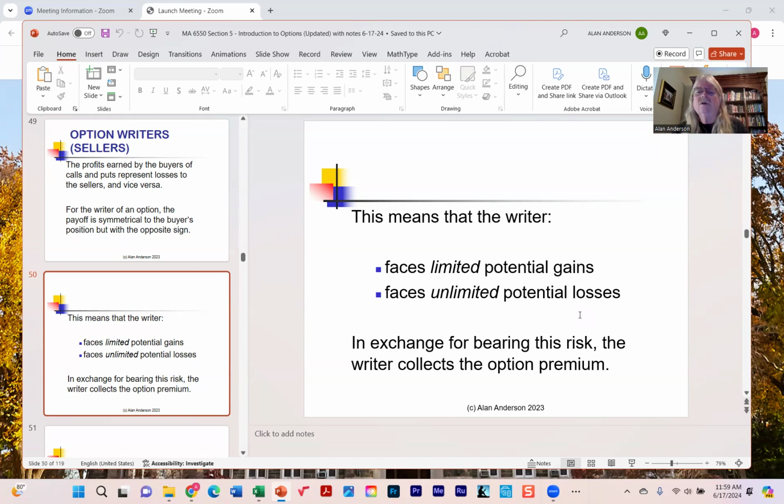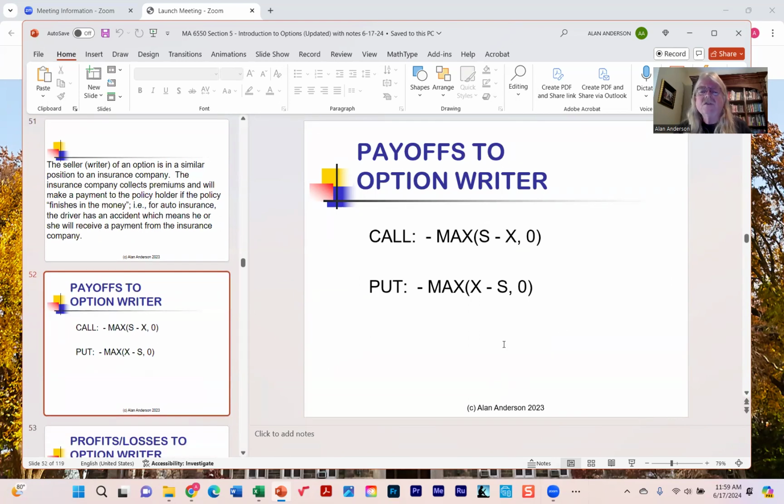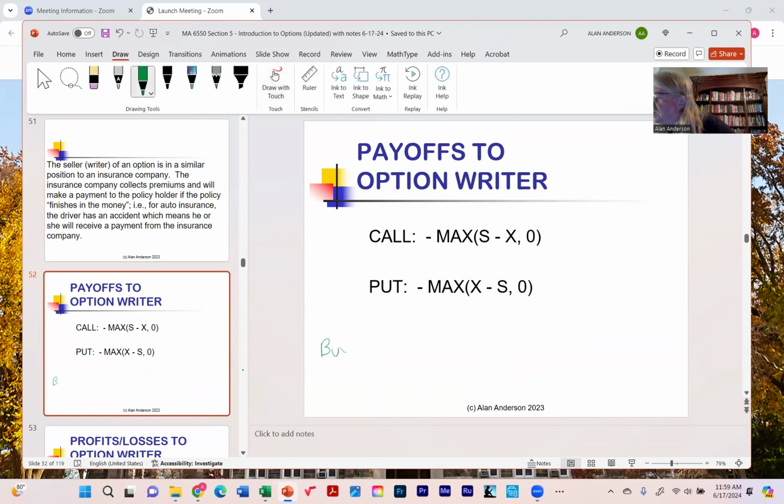All right. Well, anyway, with all that being said, let's take a look at what's going on here. So first things first, the payoffs. These are the sellers or writers. Just a quick reminder for the buyers. Oops, I forgot this was on green. Okay.